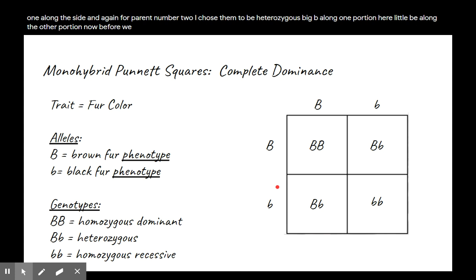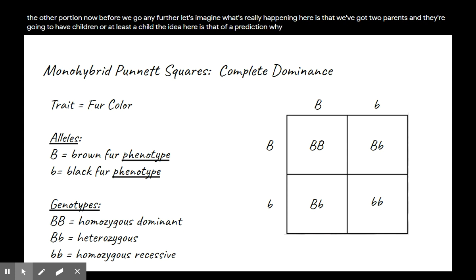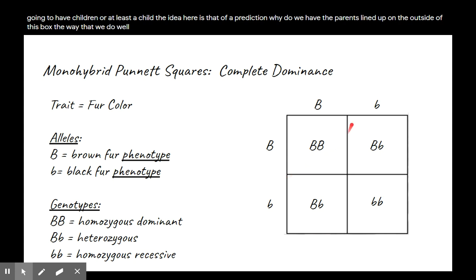Now, before we go any further, let's imagine what's really happening here is that we've got 2 parents and they're going to have children, or at least a child. The idea here is that of a prediction. Why do we have the parents lined up on the outside of this box the way that we do? Well, let's take this line here and let's just, in our imagination, extend it so that we seem to be separating this big B from the small.